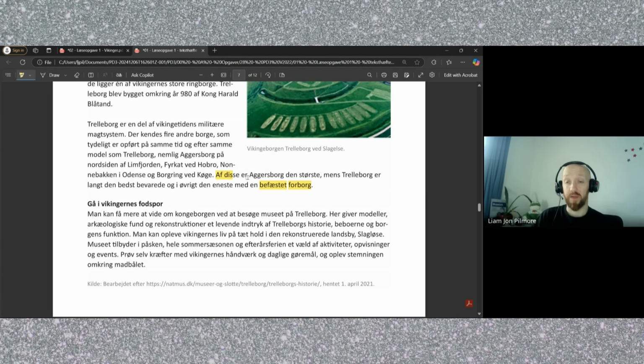So what you might find is they use a slightly different way to say the same thing. So in the question it was udover, which is apart from, and here in the text it says i øvrigt, which is kind of another way of saying the same, on top of that. So what is our answer? What thing is highlighted apart from this over here?